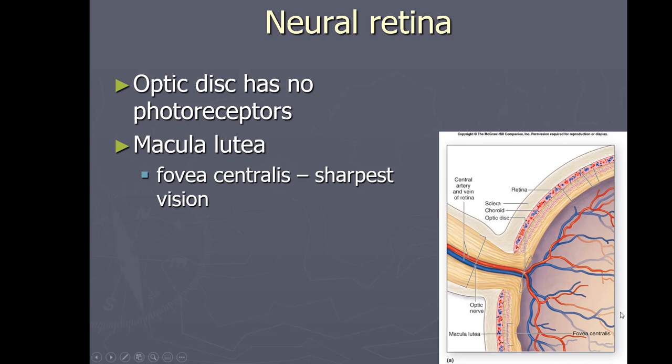You hold basically a sheet of paper with an X and an O on it, and you cover one eye, and you focus on one of them, but keep the other in your peripheral vision. Well, the one in your peripheral vision will just disappear at some distance from your eye. So it's a fun experiment to do. If you want to look that experiment up, it's in your lab book under one of the vision labs. But key point, where the optic nerve is, it's called the optic disc. There's no photoreceptors. That gives us what we call our blind spot.